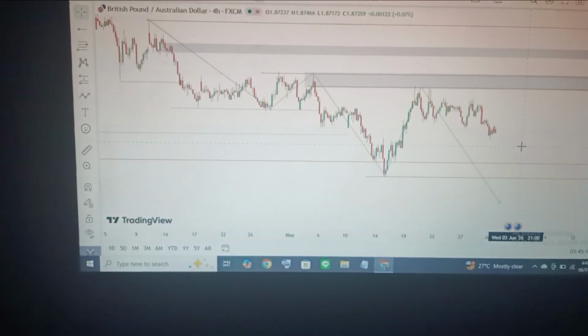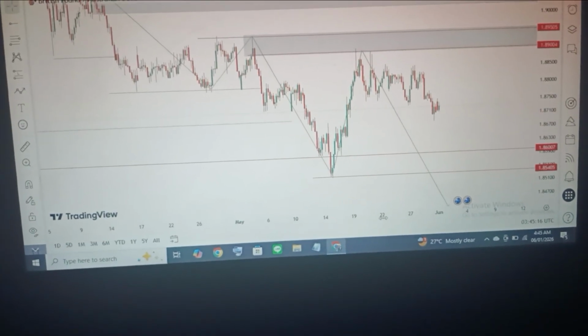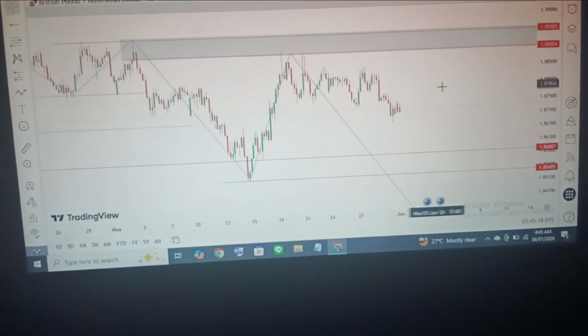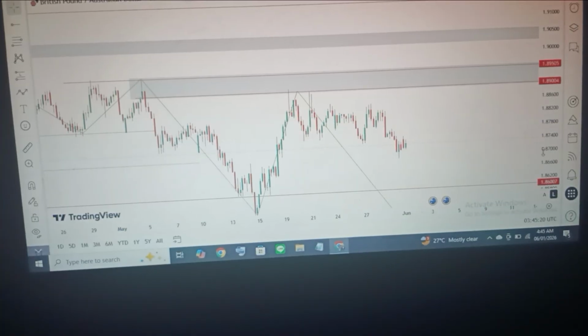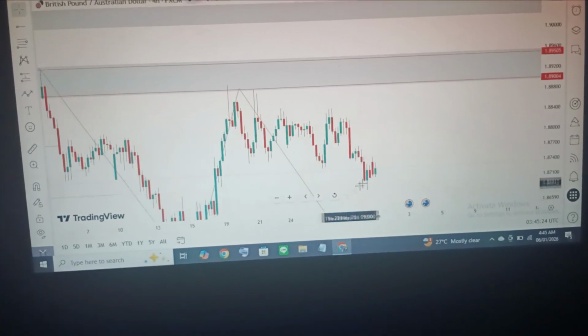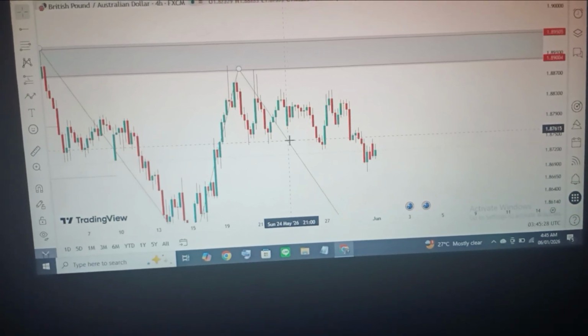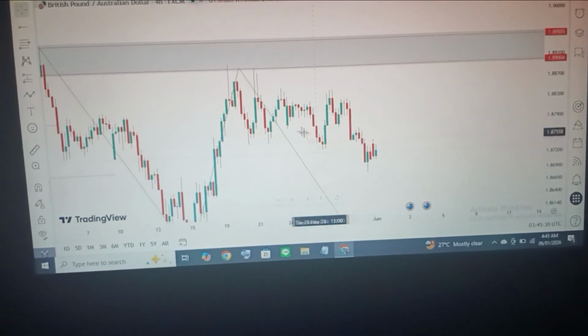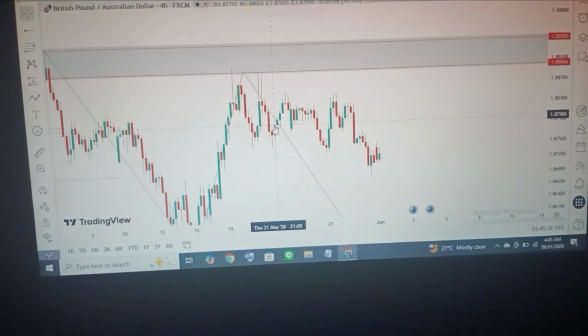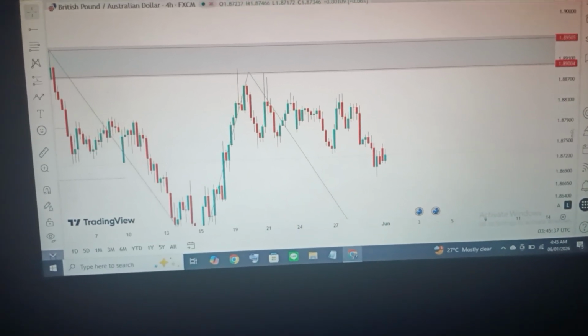Now what we can see here is the market gradually building to the downside. We already know that the trend of the market is to the downside. As the market is gradually building to the downside, we can still look for other opportunities to re-enter the market for sell.